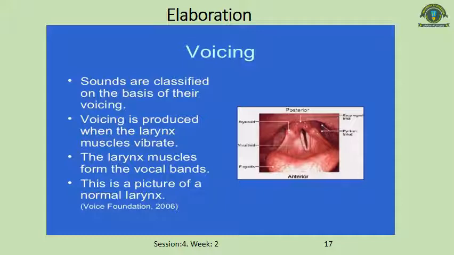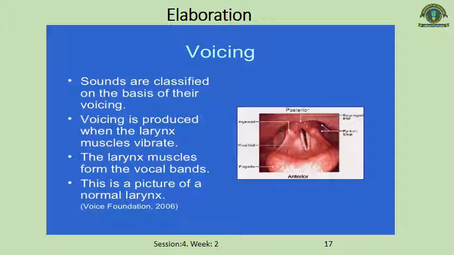Now, number 1 is sounds are classified on the basis of their voicing. What we have learnt so far is that we can classify the sound, but on the basis of what? Of voicing.